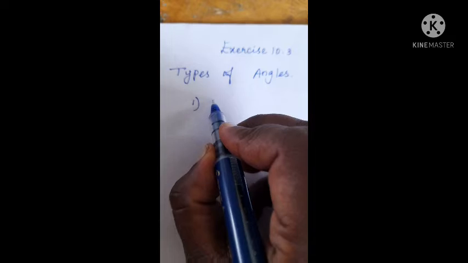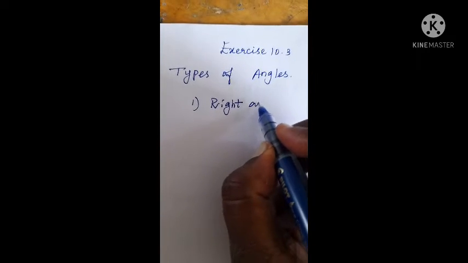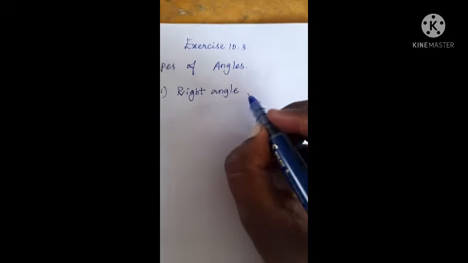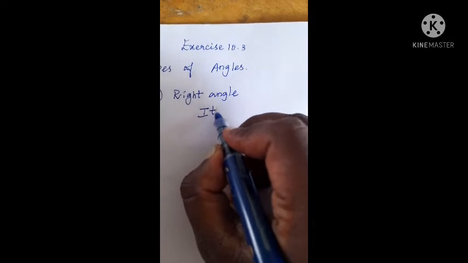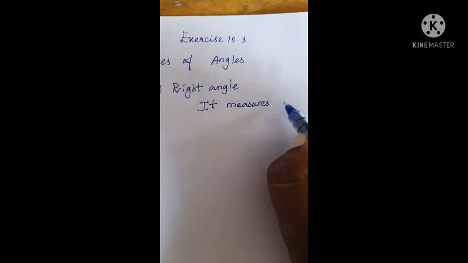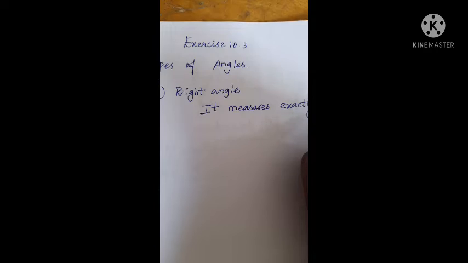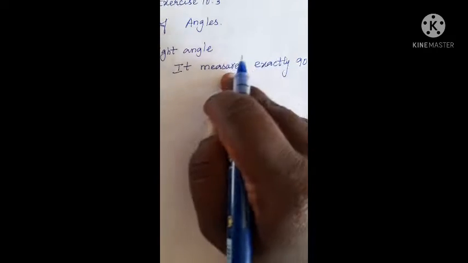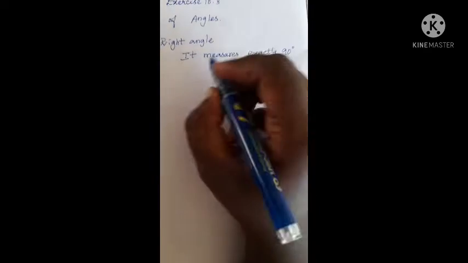first type we are going to see is the right angle. A right angle means it measures exactly 90 degrees.